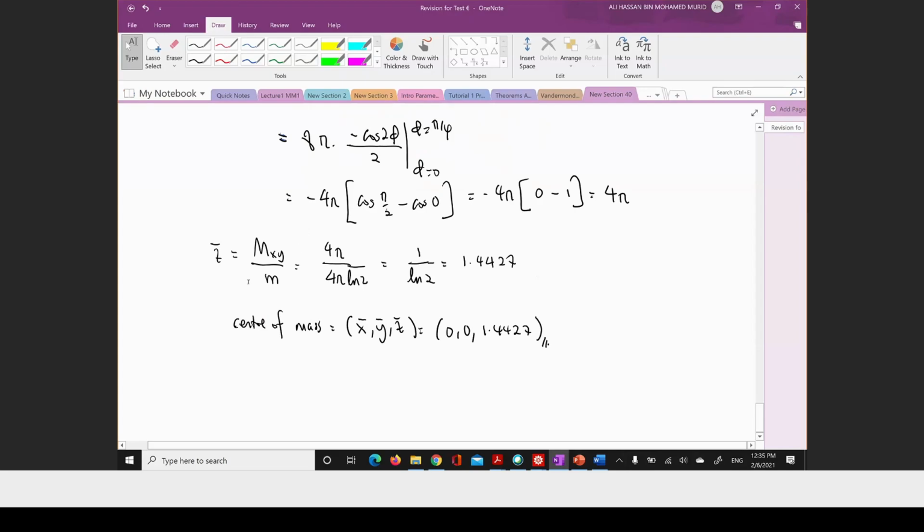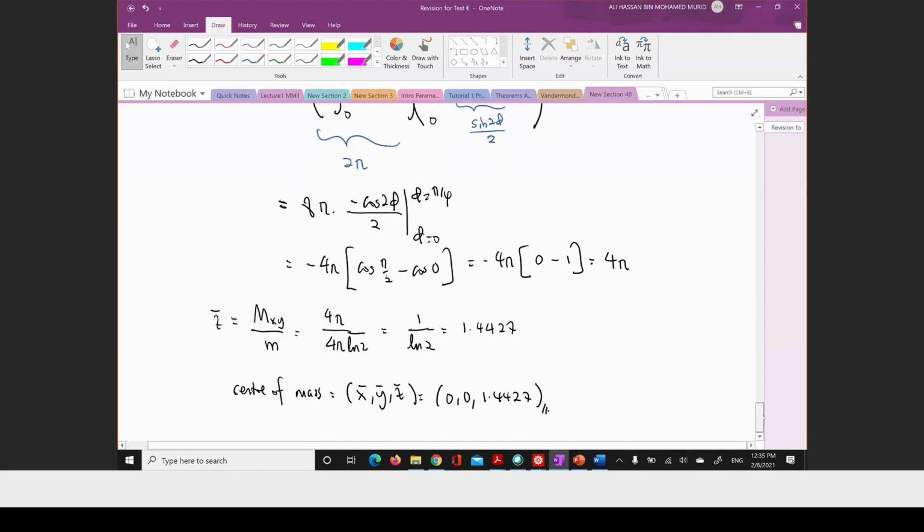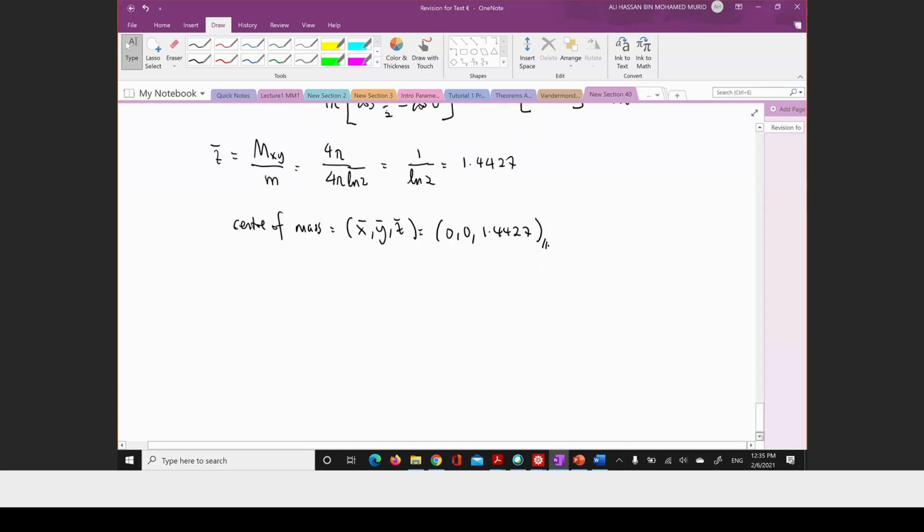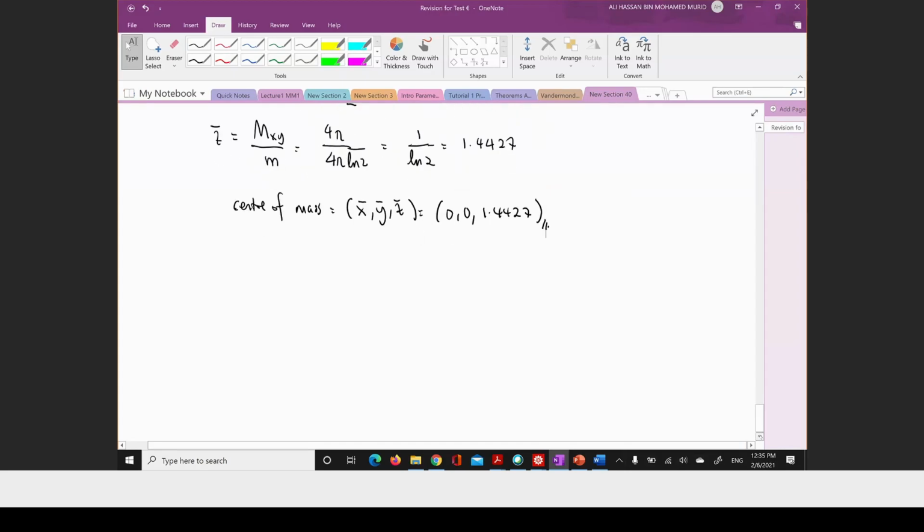Why is it along the z-axis? Why is the center of mass 0 in x and y? What is the reason? The solid is symmetrical. Both the object G and the density function are symmetric with respect to the z-axis.